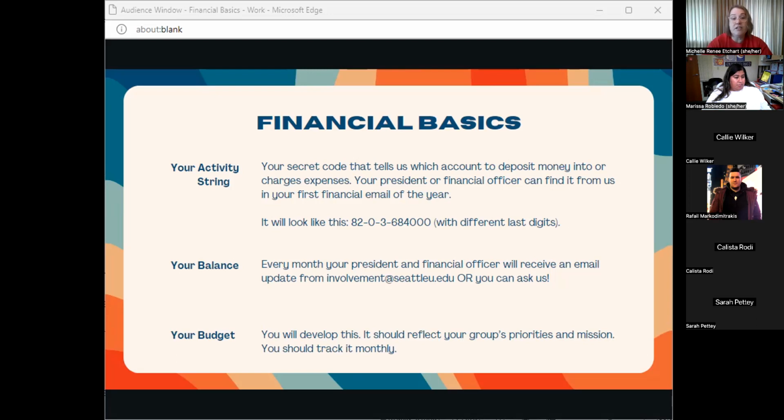Second thing you need to know is your balance. Every month you're going to get that email, but please don't rely on that as the only way you know how much money you have. And here's why. There's a lag. Our systems are slow. You're going to get an email from us every month and it tells us, today I looked at your activity string in Inform SU and it says you have this much money.